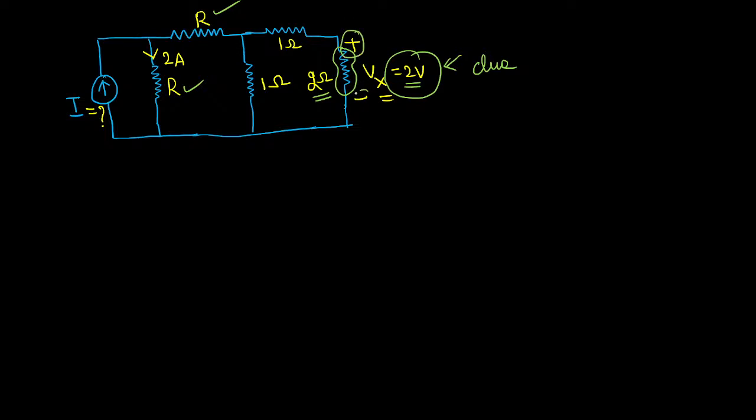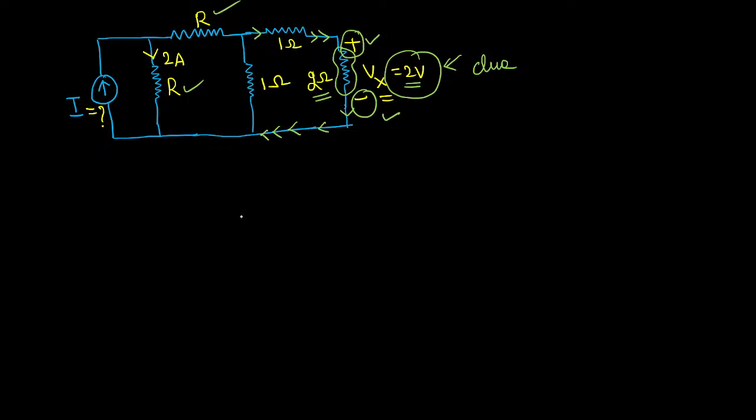This is the plus point, this is the minus point. So what I can say is, current should be in the downward direction. Yes or no? Then only the current entering point will become plus, leaving point will be minus, such that the concept of passive element will be satisfied. So I have identified the direction of the current. First conclusion: in this branch, this is the direction of the current.